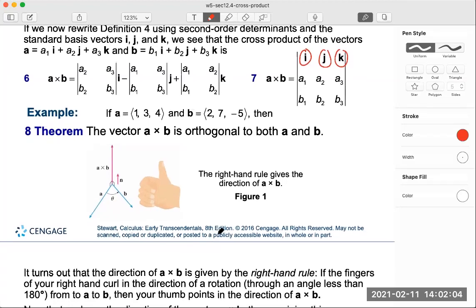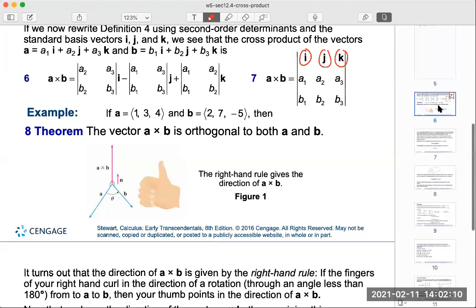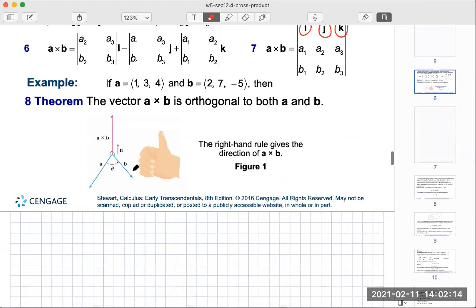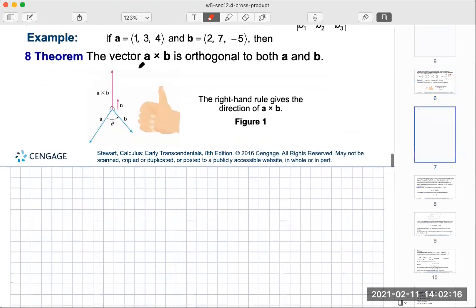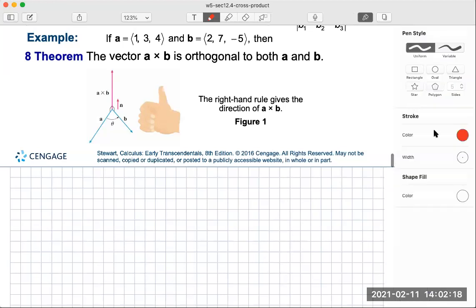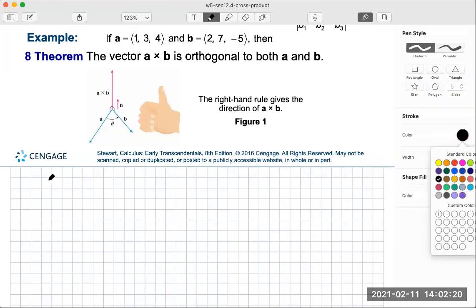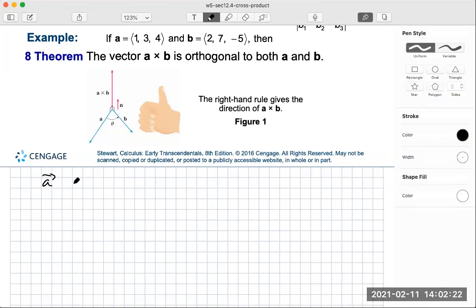Here, if we're given vectors A and B like this, what is the cross product A cross B? Now, if A is this, B is 2, 7, negative 5.